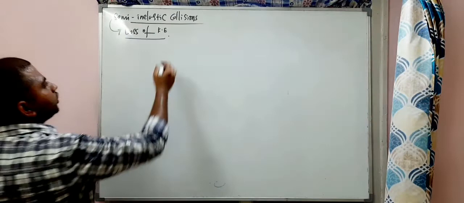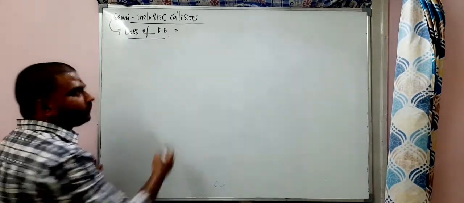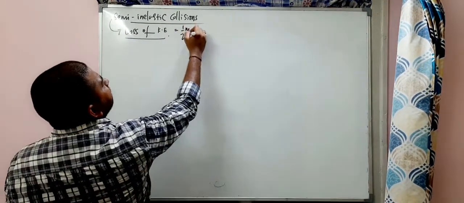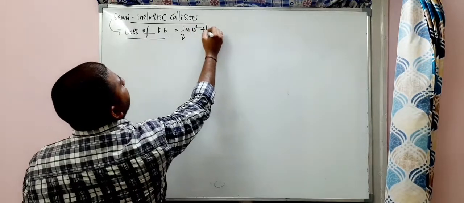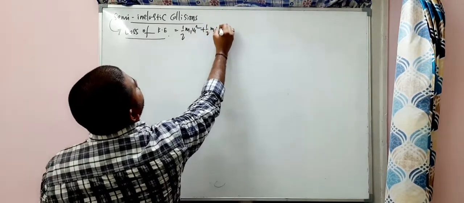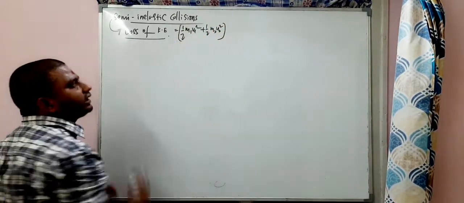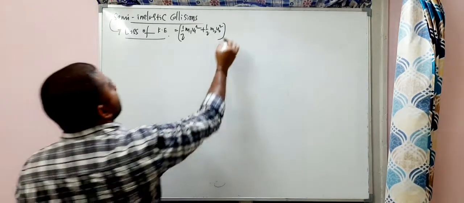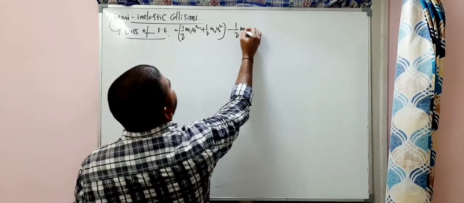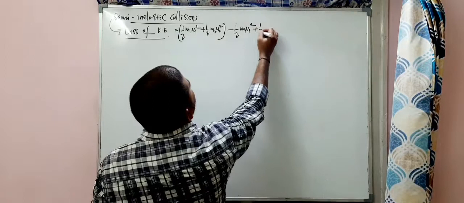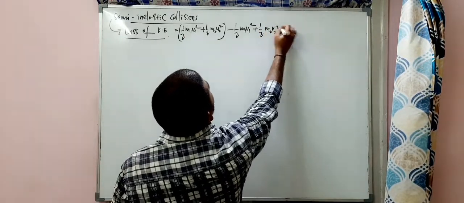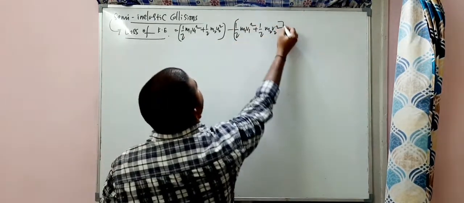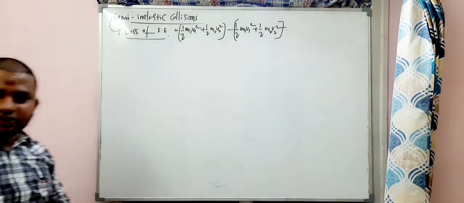Loss of kinetic energy is half m1 u1 square plus half m2 u2 square, that is the initial kinetic energy of the system, minus half m1 v1 square plus half m2 v2 square. So this is the final kinetic energy of the system.